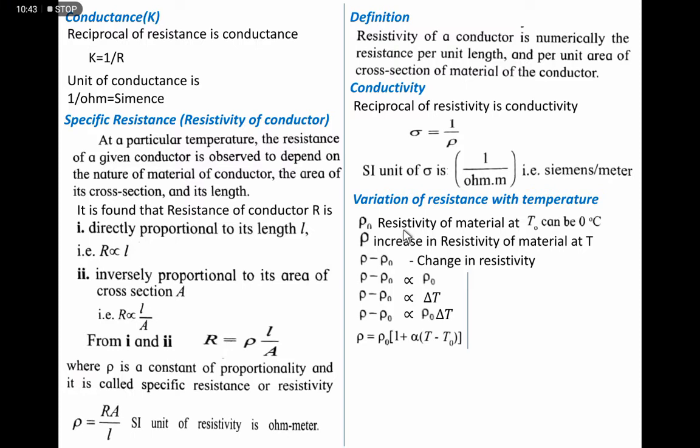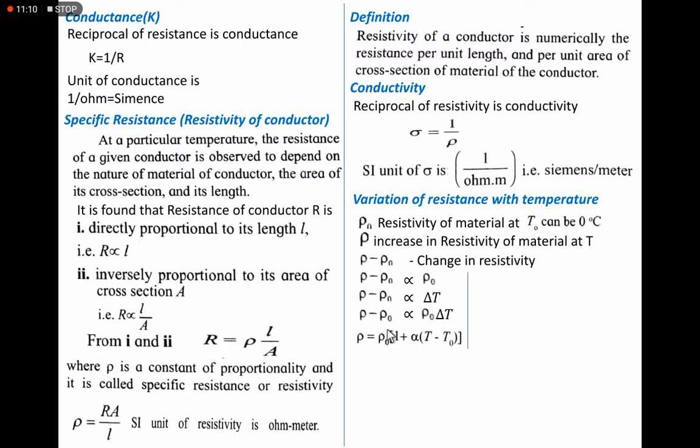R naught is the resistance of the material at T naught, and R is the resistance of the material at temperature T. Here it will be R minus R naught, the change in resistance. R minus R naught will be directly proportional to R naught, and this change in resistance will be directly proportional to delta T.